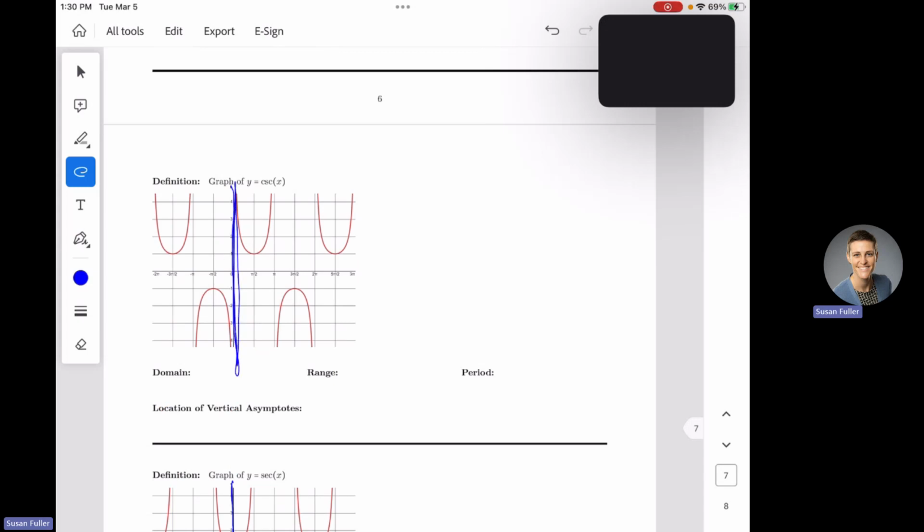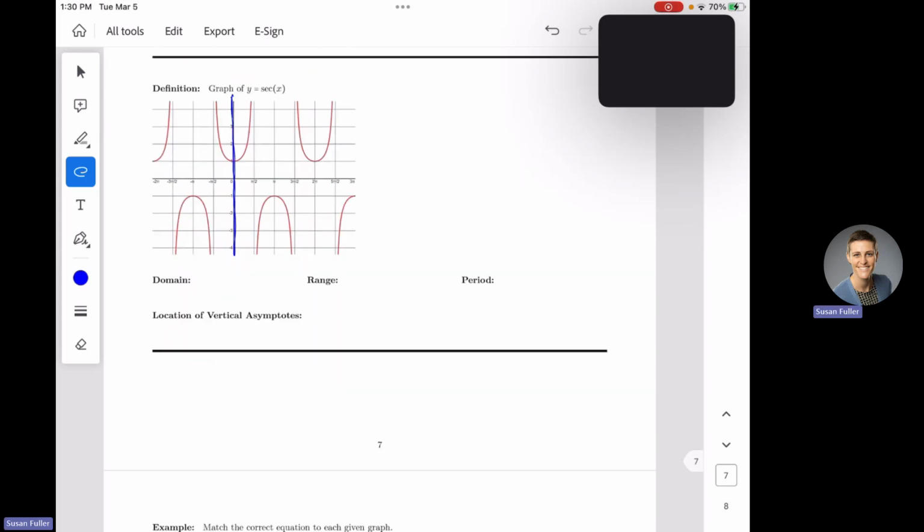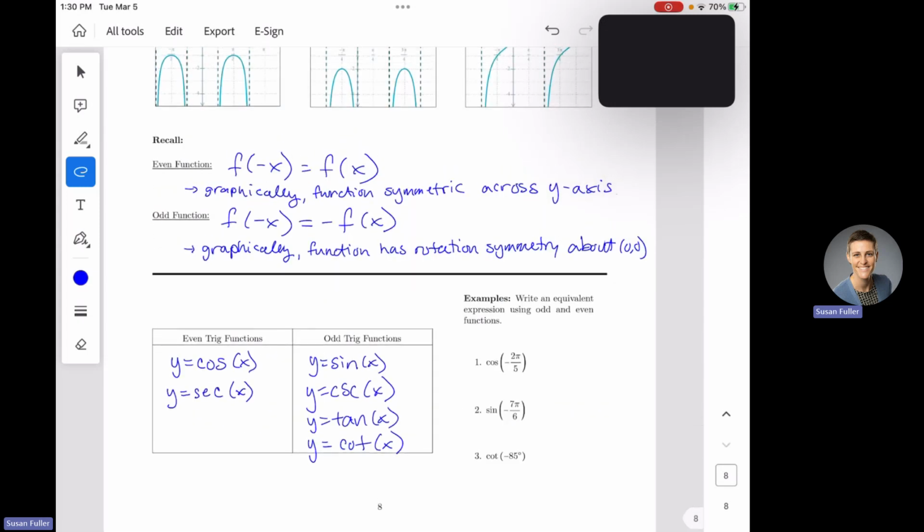Notice if I took the right side of this graph and rotated it 180 degrees, this part would rotate down here and this part would rotate up here. So this has rotational symmetry. It's odd. And you can check tangent and cotangent as well.